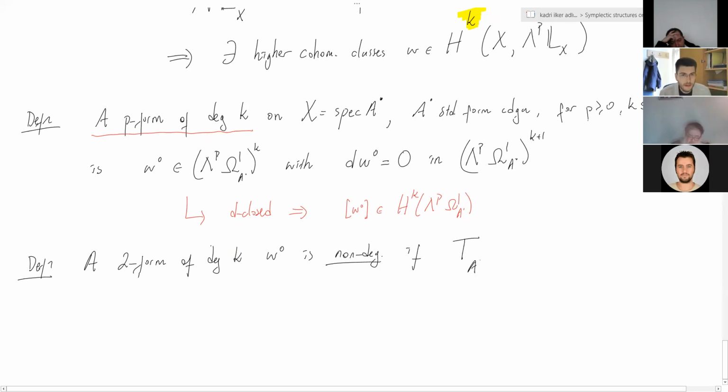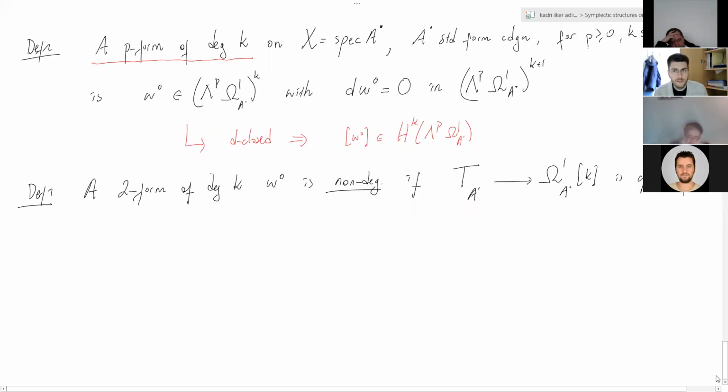But here we have complexes. It is a quasi-isomorphism. Not an isomorphism, but a kind of weaker notion. But this is the non-degeneracy condition. This is how we generalize the usual non-degeneracy condition.